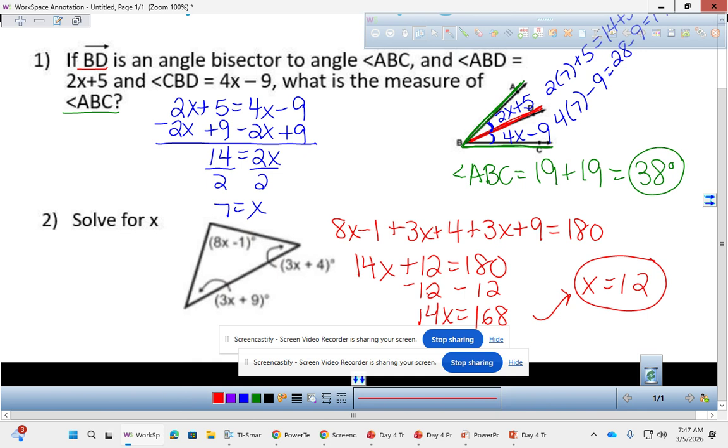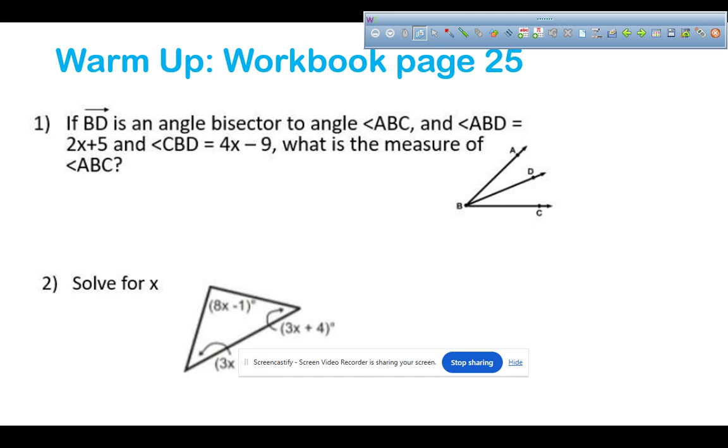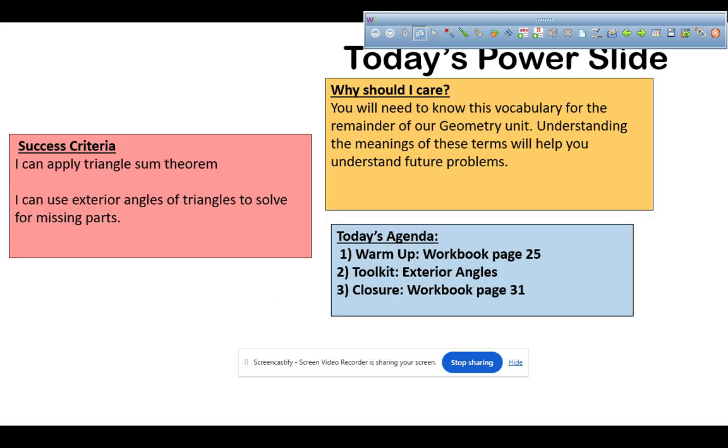And then you'll have all of the pieces that you need for at least this section. I am looking at your unit test next Friday, so there is a lot more to do, but not as much in terms of the little vocabulary words that we've been doing. So today we are going to be in our toolkit and then eventually back into our workbook for a quick closure. So you need both of your copies out today.